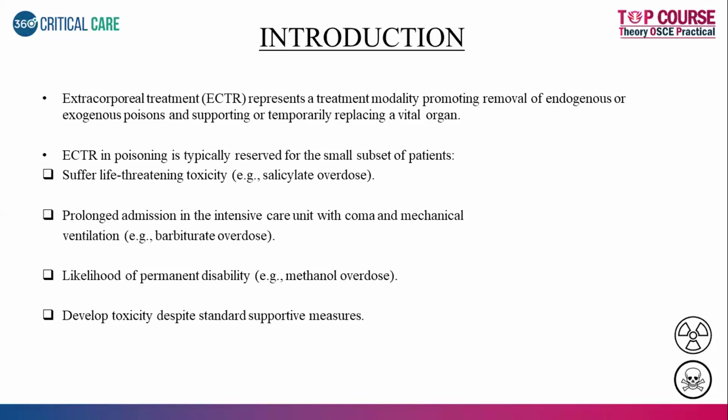Okay, loss of vision is more common with methanol overdose. If that is the case, then you can give an option of ECTR. And fourth, those patients who develop toxicity despite your standard supportive measures and your antidotes if available, and still have life-threatening toxicity, then that is an indication for your ECTR.